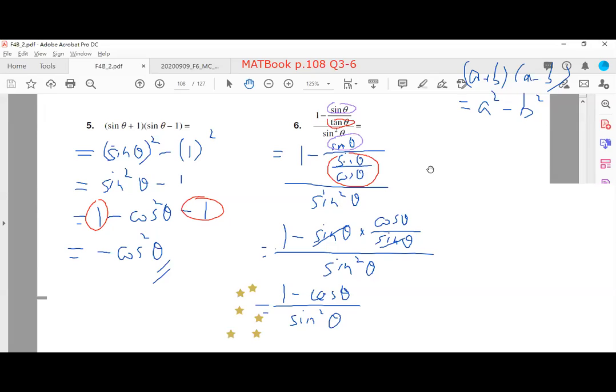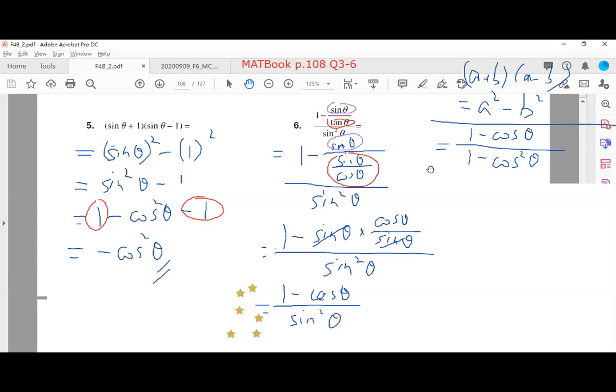For the next step, we are going to change the sine square theta to be 1 minus cosine square theta, because we know that sine square theta plus cosine square theta is always equal to 1, which means that one of them is equal to 1 minus the other.